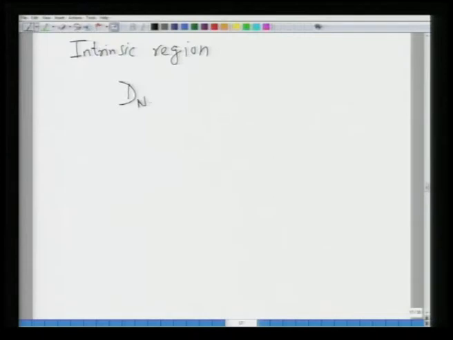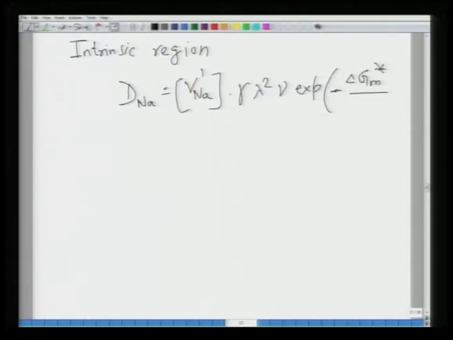We know that D_Na is equal to V_Na into gamma lambda squared nu exponential of minus delta G_m star divided by kT.